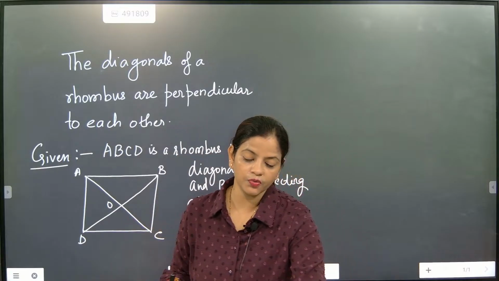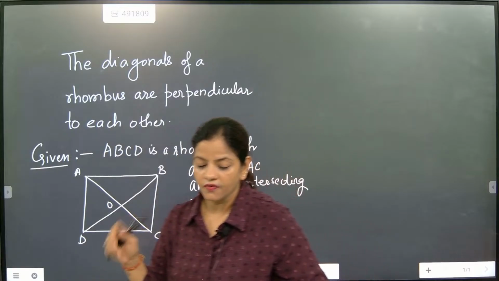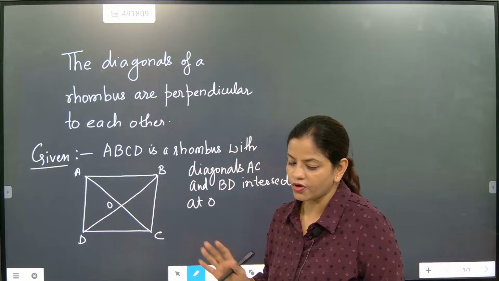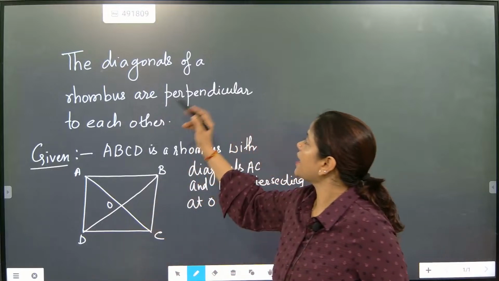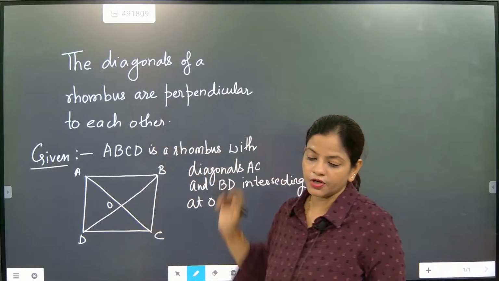Now what we need to prove is the important statement given: the diagonals of a rhombus are perpendicular to each other.